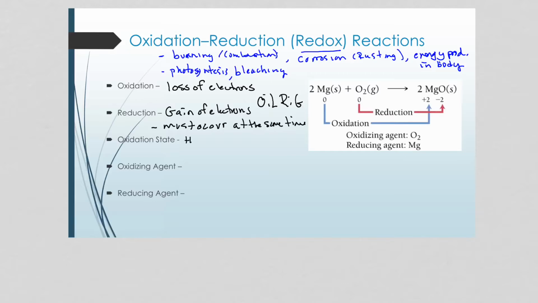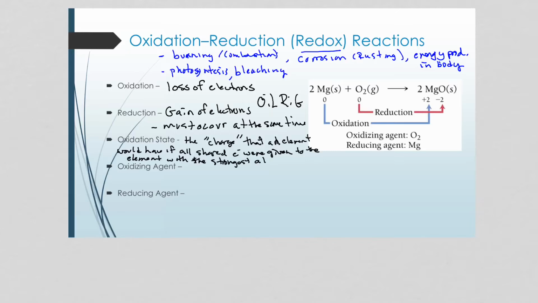So these are the charge that an element would have if all shared electrons were given to the element with the strongest attraction.